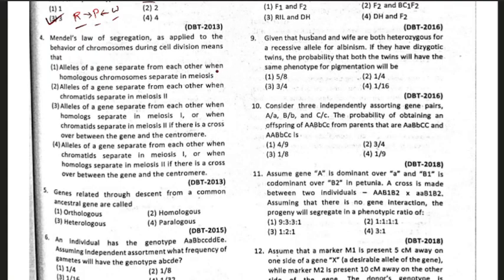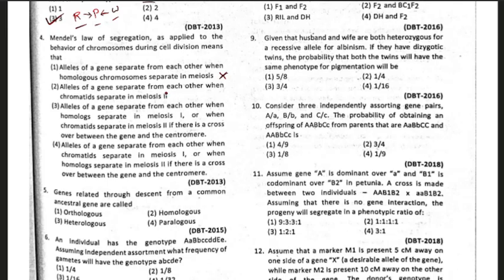But I'm talking about if crossing over is there. If there is crossing over, then one chromosome can have 2 types of alleles, and then this option is absolutely incorrect.